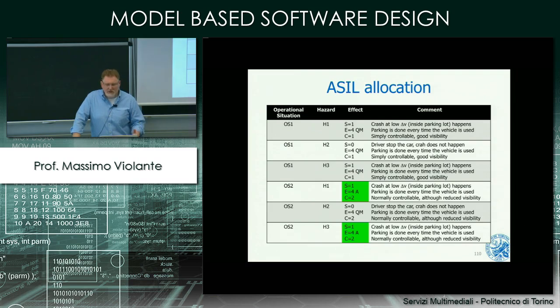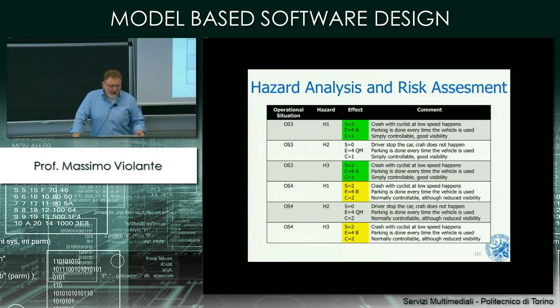When we have good visibility and the cyclist is involved, we have A. When we have low visibility and the vehicle involved, again, we have A. When we have low visibility and the cyclist involved, we have B. Okay? So here we have the ASIL.